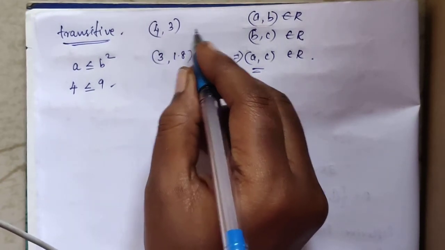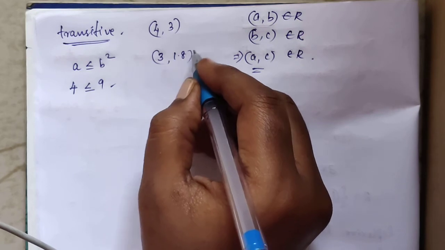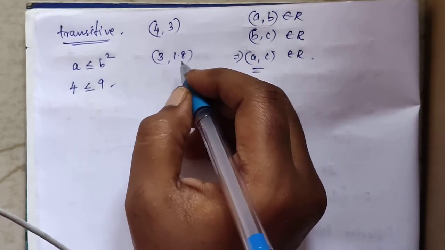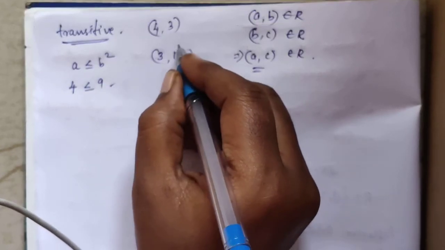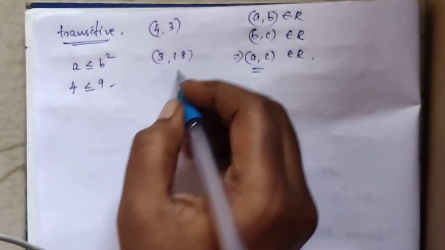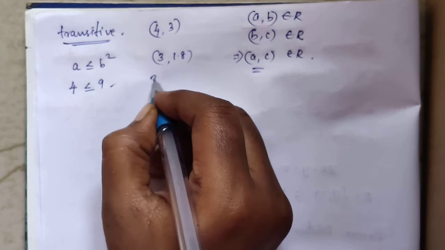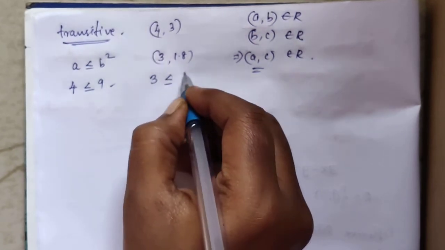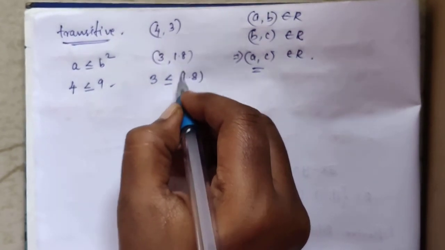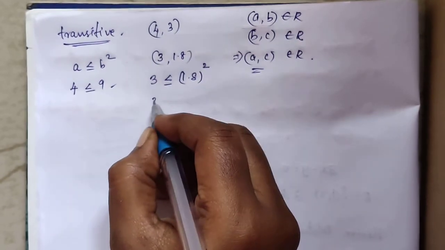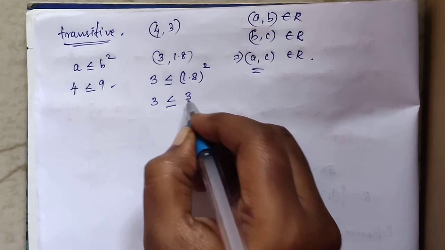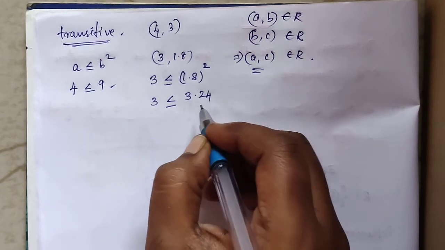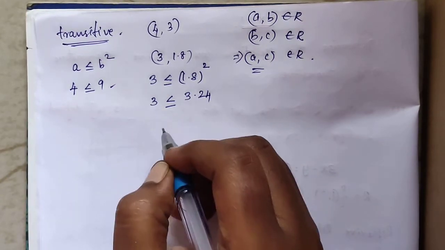When I square this value, it will be around 18 squared, that is 324, so it will be 3.24, which is more than 3. That's why I have selected this number 1.8. Now 3 is less than or equal to 1.8 whole squared, that is 3 is less than or equal to 3.24. This is greater, this is smaller.